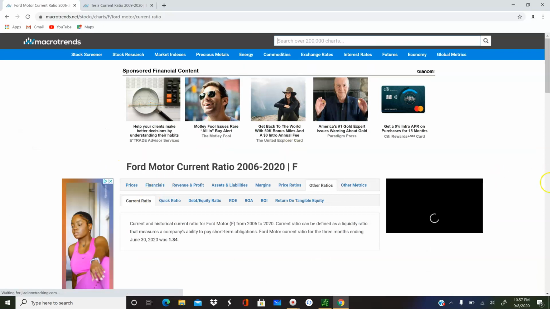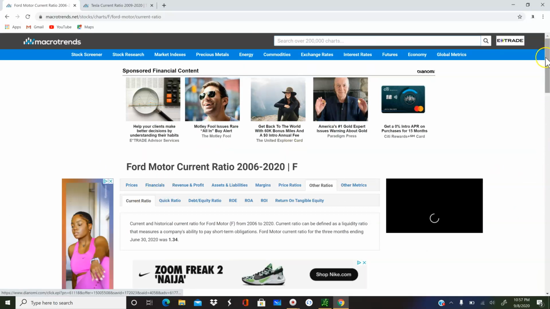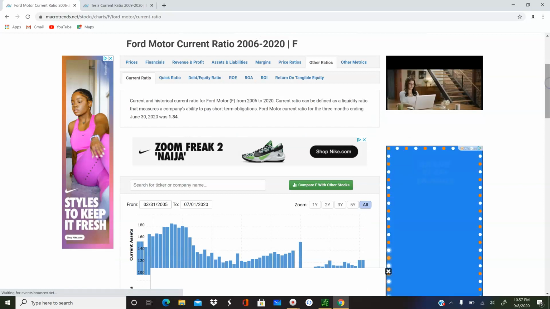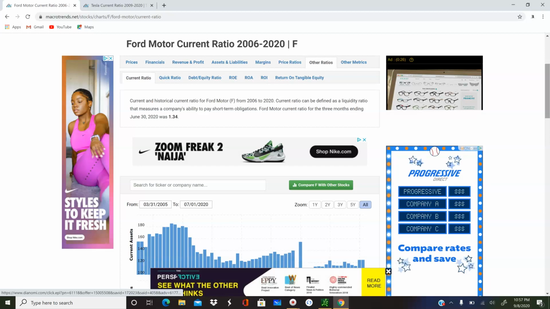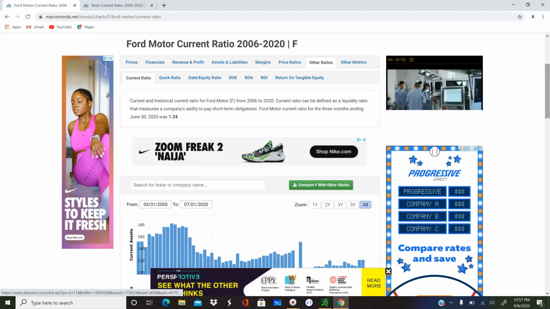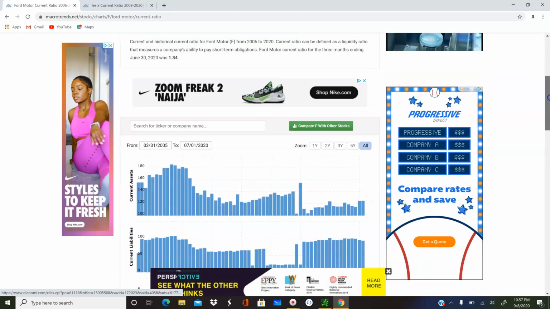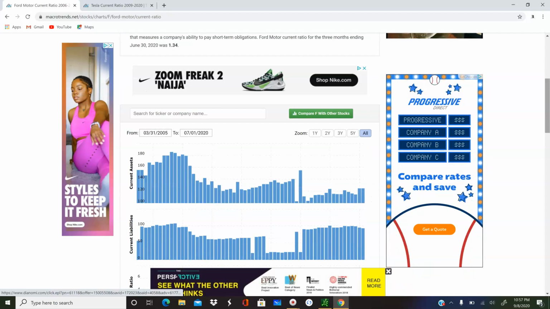Current ratio. As per this website, the current ratio for Ford for the 3 months ending June 30th, 2020 was 1.34. This means that for that 3-month period, Ford's current assets were 1.34 times its current liabilities.